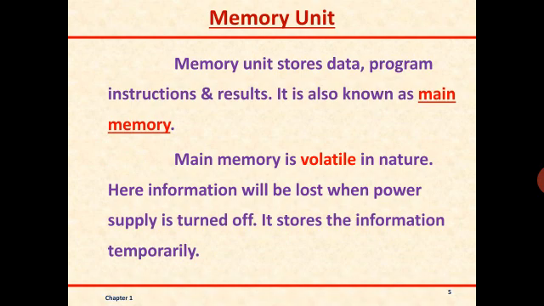Once the power supply goes off, then the entire data will be lost. This character is known as volatile. Means what? The data will not be stored permanently. I repeat once again. In the main memory, data will not be stored permanently. It will be stored temporarily. Hence, it is volatile in nature.